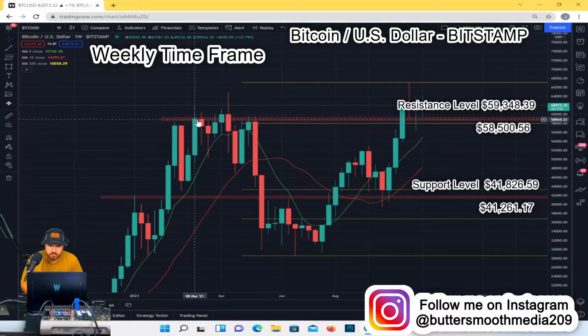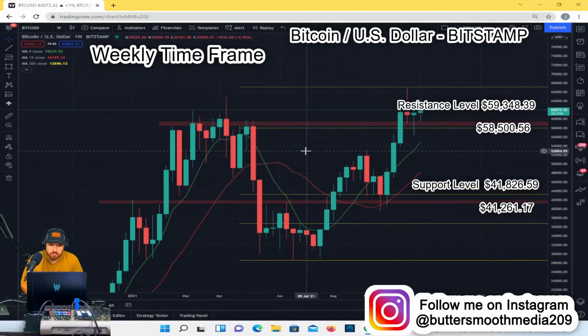We drove right back up into that resistance zone, pushed above it just momentarily, and then struggled with it. We have wicks and candle bodies before another rejection. Then we came up and retested the top of the resistance level before we melted. That validates that this is a strong area of resistance.